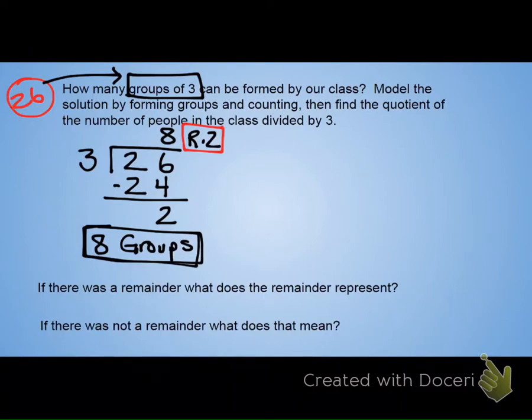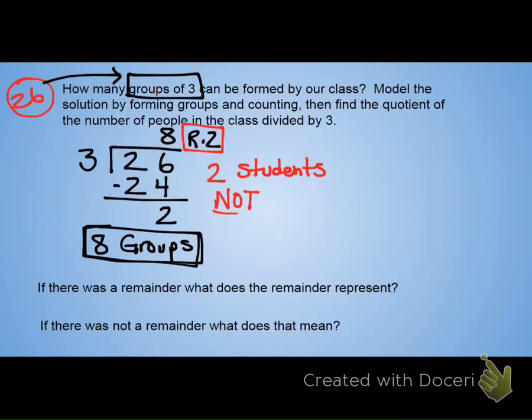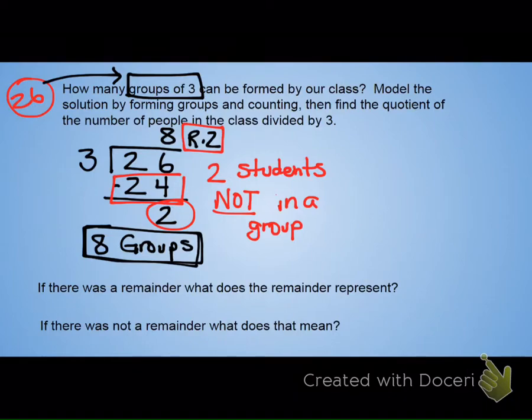So that means we have 2 students NOT in a group. We have 24 students in a group, but we have 2 that are not in a group. That's kind of what it means.